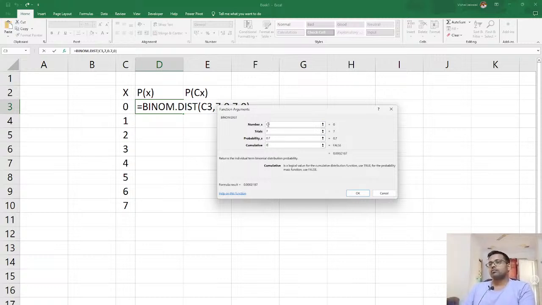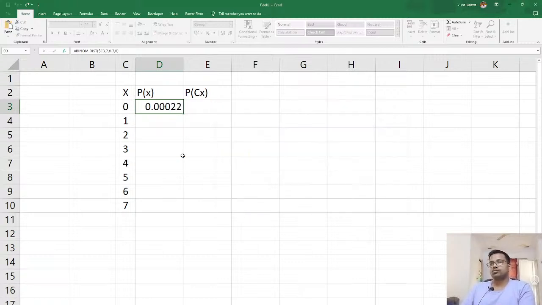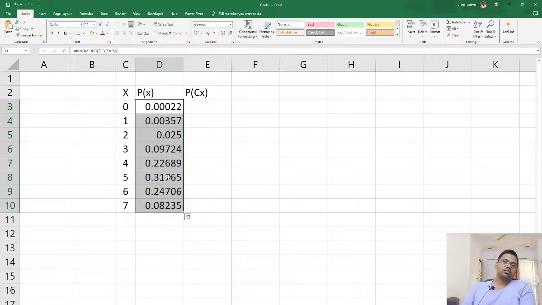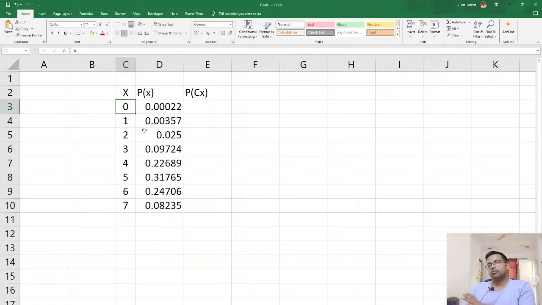I should also fix the column. This is what we have got. This is the density function telling you the probability that nobody will fail to pay, that everyone will pay on time.